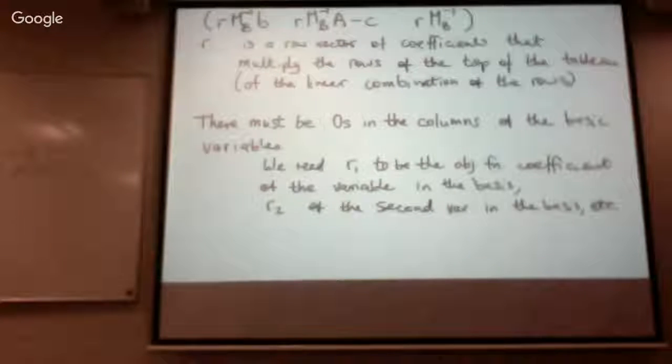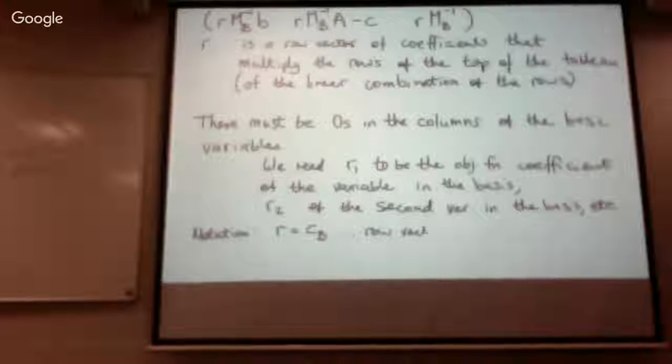Okay, this is how it goes. So I call it, the notation will be C with a little b. Okay, so this is the row vector which has exactly this.